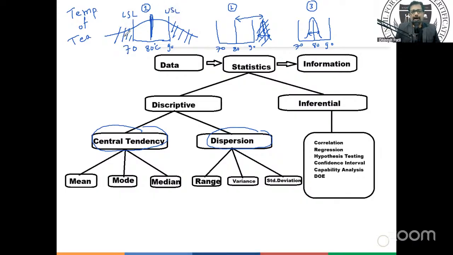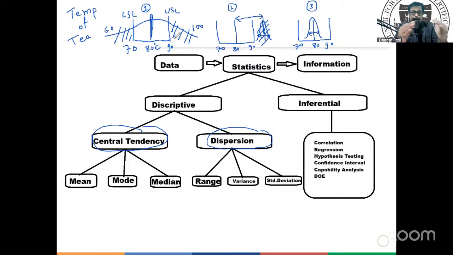Now, in the first process, there is huge variation of delivery. Sometimes people are delivering at 60 degrees, sometimes at 100 degree. So whatever is below 70 degrees is rejected, whatever is above 90 degrees is rejected.